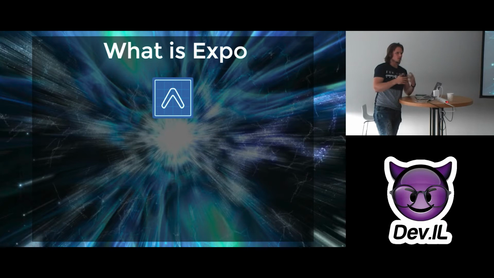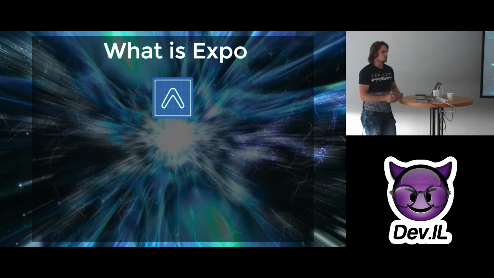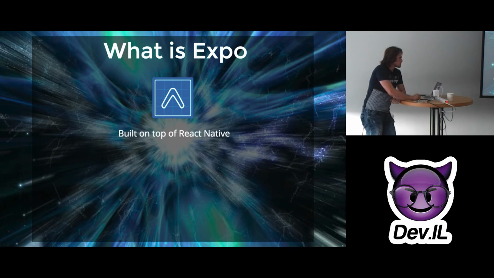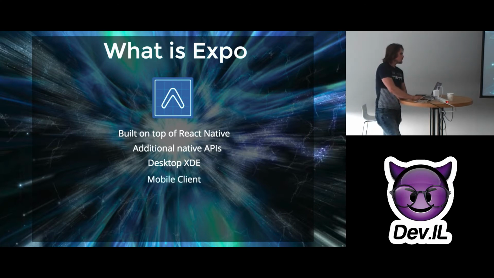Returning to Create React Native App and the whole Expo framework I told you about. So what is actually Expo? It's a framework built on top of React Native. It has additional native APIs. It has a desktop XDE, which stands for Exponent Development Environment. And it has a mobile client, which is really awesome.